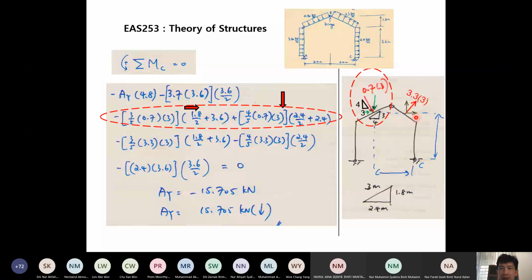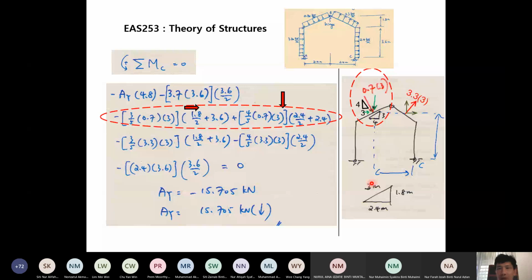This perpendicular distance will be half of this distance, which is 2.4/2, plus this horizontal distance here, which is 2.4. So this perpendicular distance is multiplied with the vertical component of the force. You get the moment caused by the vertical component of this inclined force. And it is causing counterclockwise moment at C. That's why it becomes positive here.